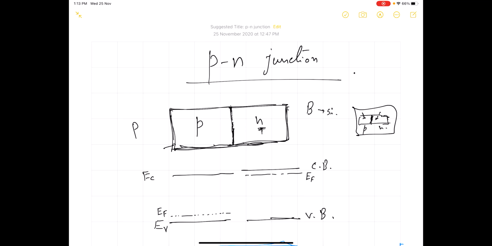Please rectify this, because as you see here, I have written it the wrong way. I shall correct it while I put up the notes; wherever I have written boron and phosphorus I have mixed them up. I will replace them properly and put it correctly in the notes. So just keep this in mind.